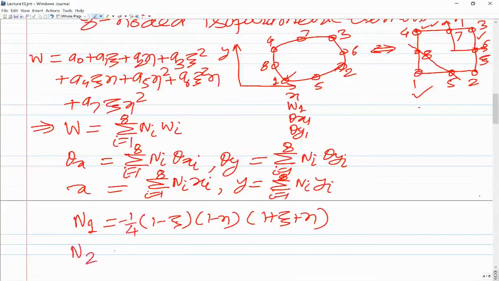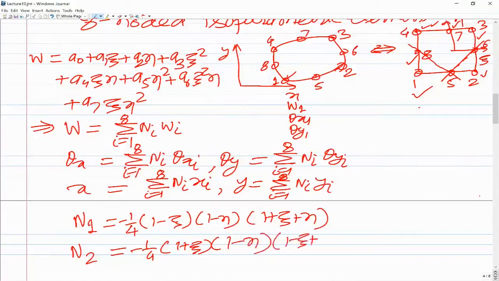Similarly, when we want to write the shape function N2 corresponding to node 2, for that we take the equation of this line, and the equation of the line joining 5 and 6, that is this. So that would be minus 1, and then we make sure that it is unity at node 2. So we will get that as 1 plus xi, 1 minus eta, and 1 minus xi plus eta.